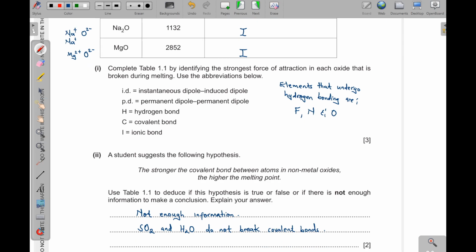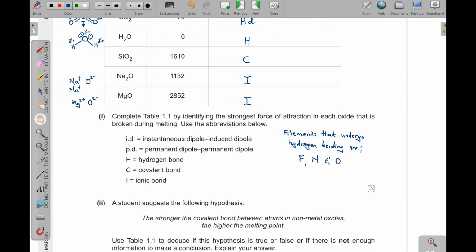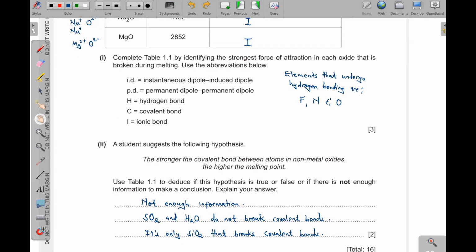Okay, it's only silicon 4 oxide that breaks the covalent bonds. You see that? It is only this one that breaks. And then we move over. Of course, we are not going to talk about these ones here, because they are ionic and the oxides are coming from metals. Okay? And the reference was on non-metal oxides.